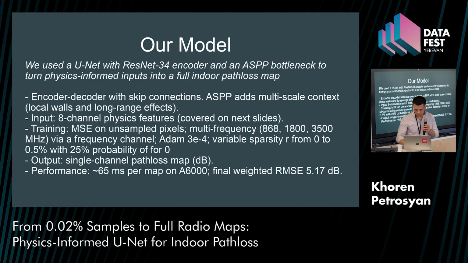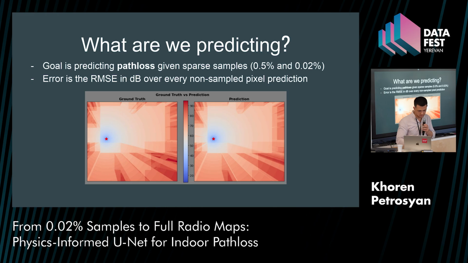By long-term interactions, I mean something like here, you can see a reflection off of a wall. You can see this is a bit lighter.